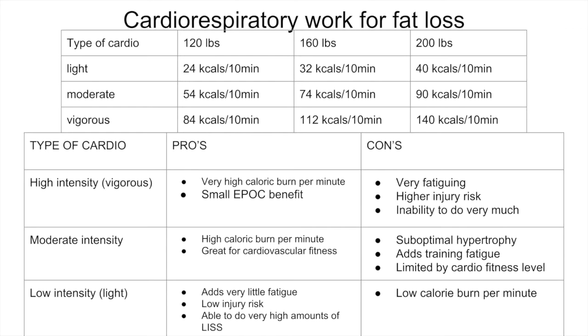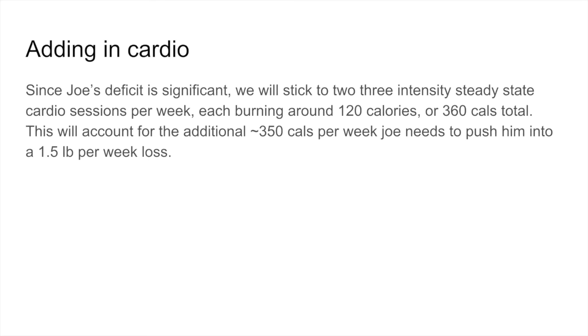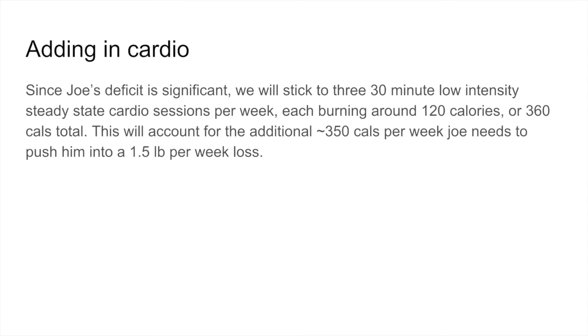So low intensity steady state is going to be my preference for putting cardiorespiratory work in a fat loss phase, just because of the very light fatigue debt increase that it incurs. Higher intensity modes of cardio are going to be much more fatiguing, therefore they'll burn you out quite a bit faster.